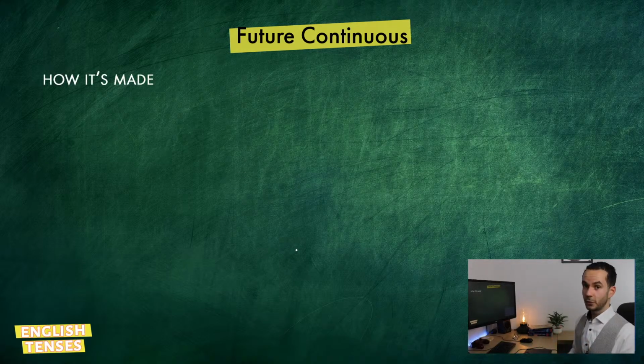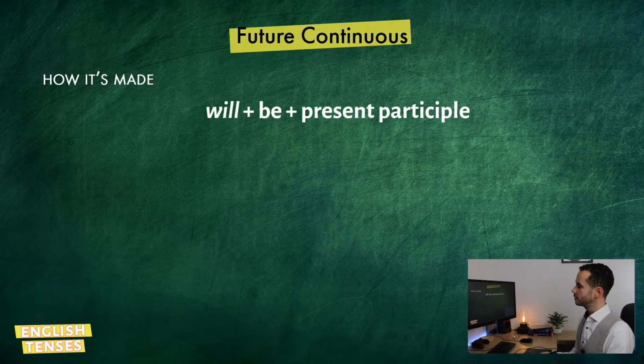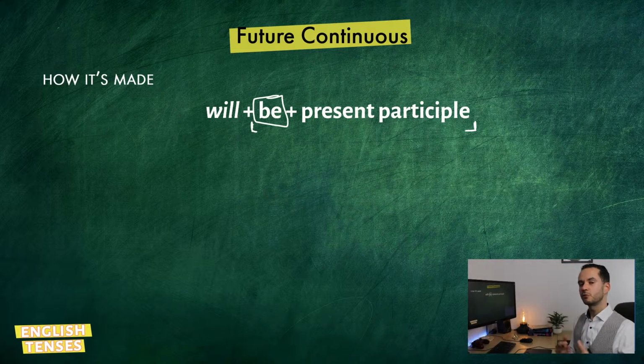How do we make future continuous? Remember, we use will or shall. That's the basis of all the future tenses. And we use be plus the present participle. Now, if you have a sharp eye, you might recognize this from present continuous, which is also to be plus present participle. So we combine it with will, and be always remains the same. We don't change be even in other instances.